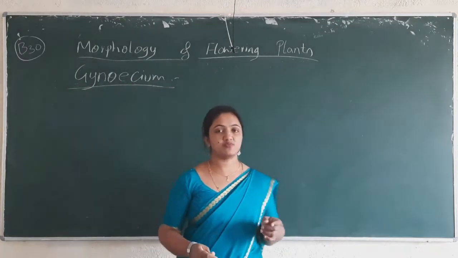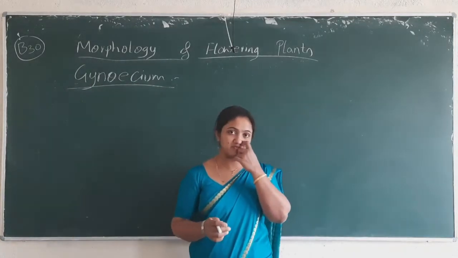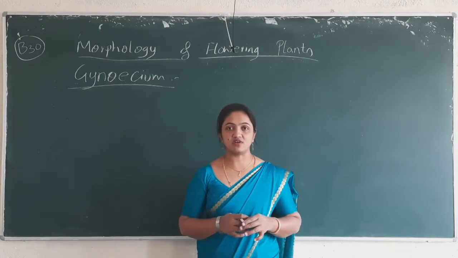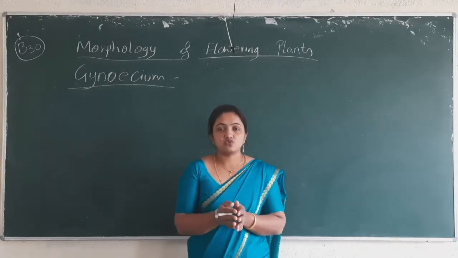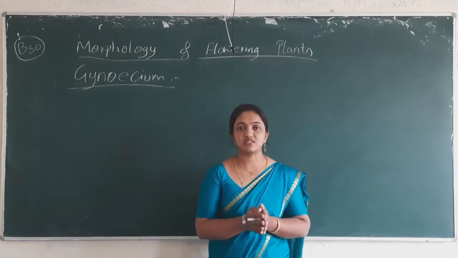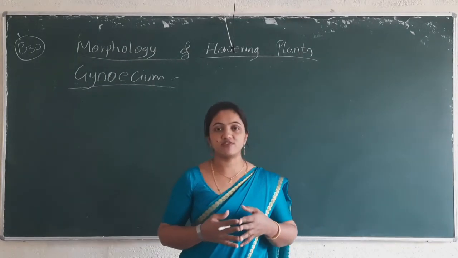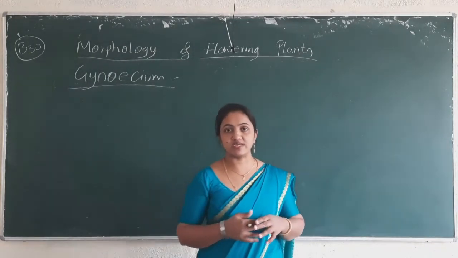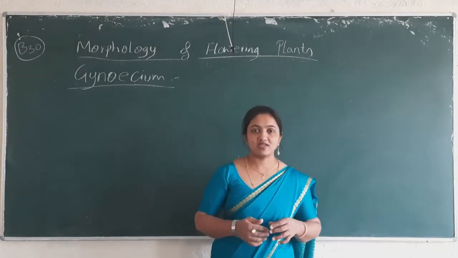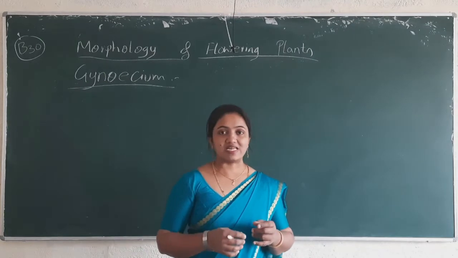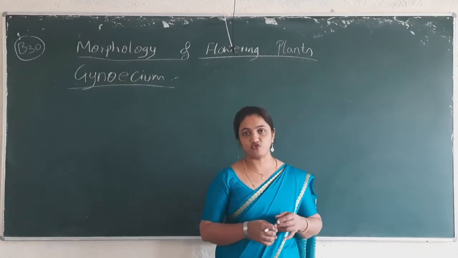Gynoecium is the female reproductive organ in a flower. This gynoecium is the innermost whorl present in the flower. This female reproductive organ, or gynoecium, is also known as carpel or pistil, and it consists of style, stigma and ovary.